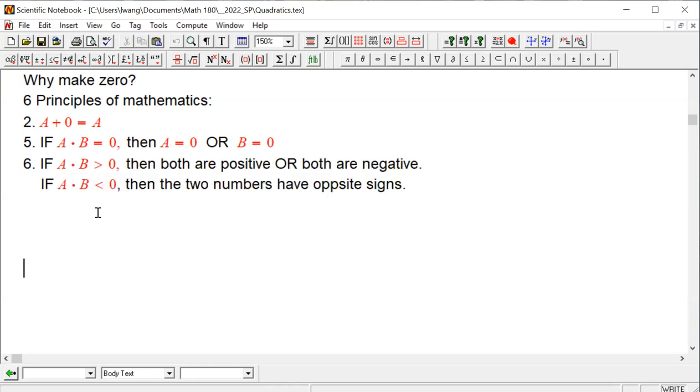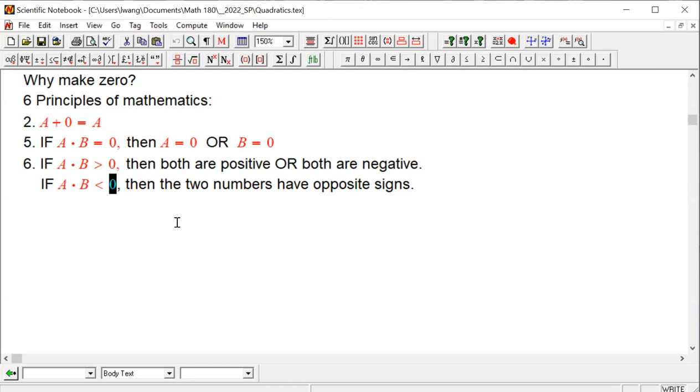Yesterday we talked about that if A times B is positive, then both are positive or both are negative. If A times B is less than 0, then the two numbers have opposite signs. You can see they're all about comparing with 0, which is much simpler and makes things easier.